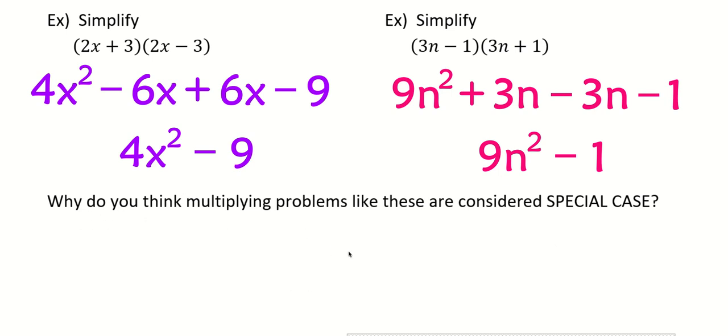So right here, you don't have to write anything down, unless you want to, but why do you think multiplying problems like this are considered special case? Well, we already talked about that. Because the bubbles are basically the same except for the plus and minus, which makes these middle terms eventually cancel when you FOIL it out. Is there a pattern here that you can use to your advantage?